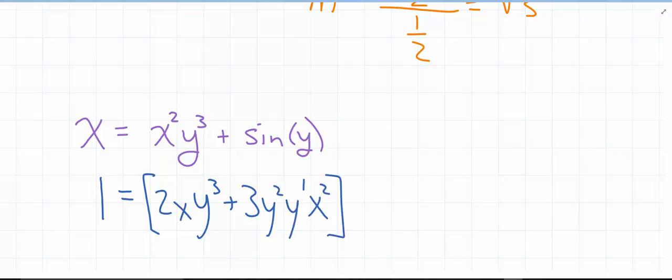Now just take a minute and digest there what I did. I took the derivative of the first, x squared, the derivative of that's 2x, times the second. And then I want to take the derivative of the y term, which is 3y squared y prime, times x squared. Now I mosey on over here. The derivative of sine is cosine.